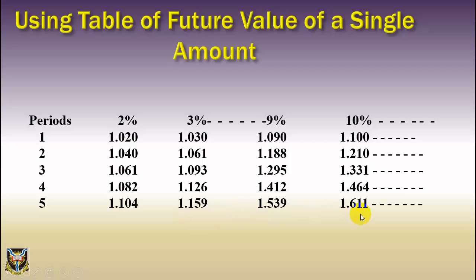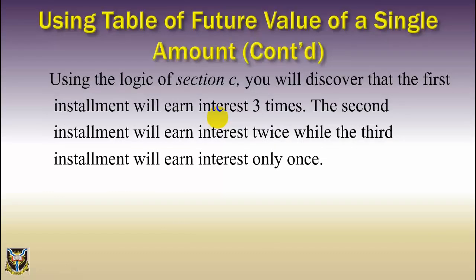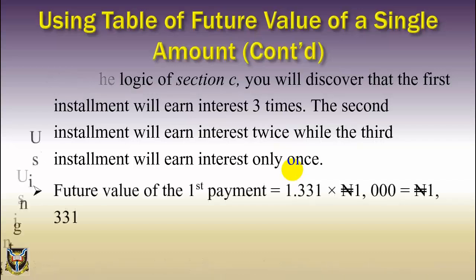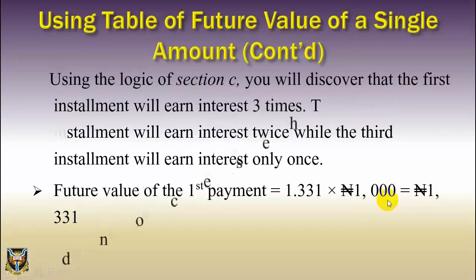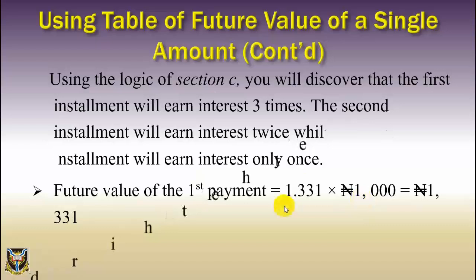Using the logic of Section C, you will discover that the first installment will earn interest 3 times. The second installment will earn interest twice, while the third installment will earn interest only once. Future value of the first payment is equal to 1.331 times 1,000, which is 1,331 naira.